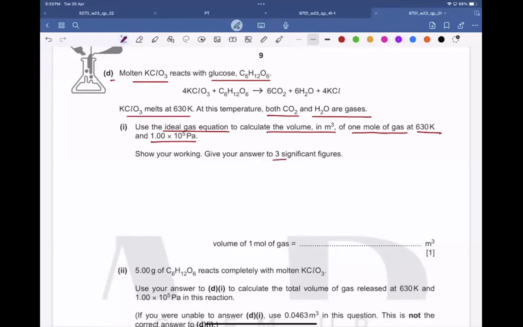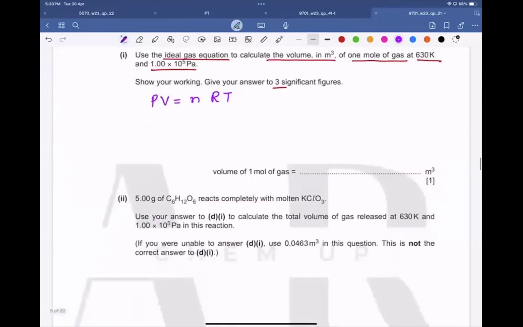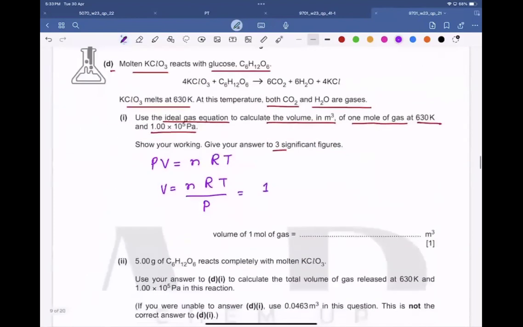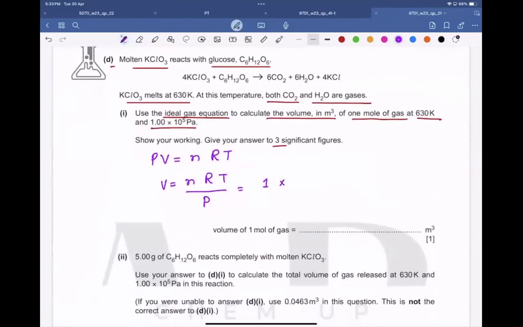So if we recall the expression, it is PV equals nRT. They have asked you to calculate the volume for 1 mole of a gas. Okay. So volume equals nRT over P, where the number of moles is going to be 1. R is the ideal gas constant.